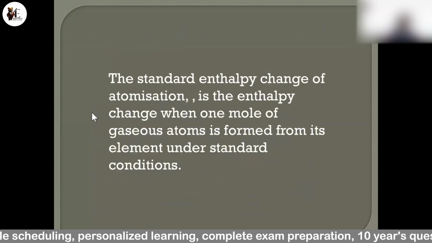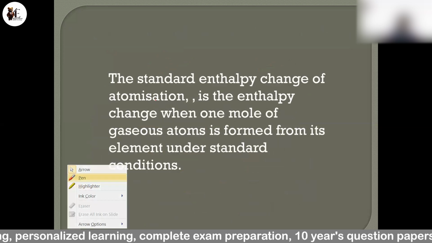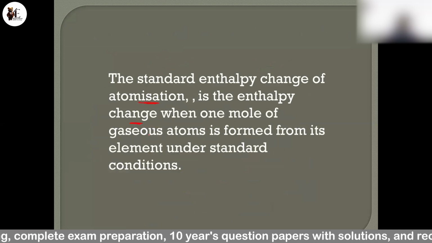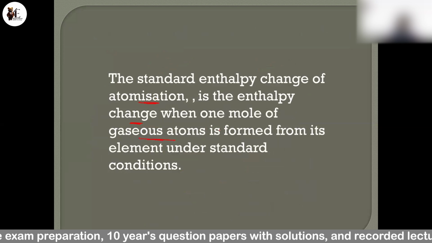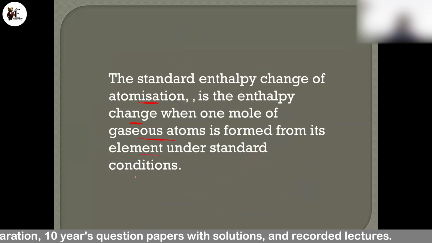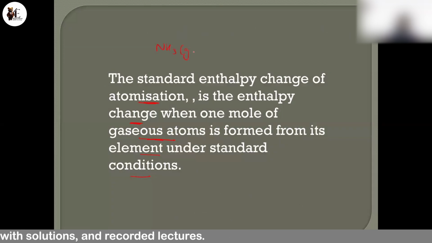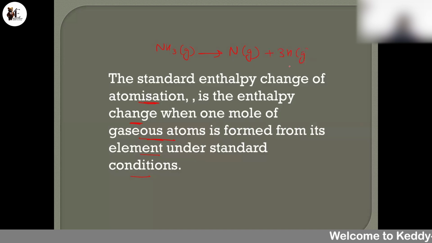Now next is standard enthalpy of atomization. Standard enthalpy of atomization is the enthalpy change when 1 mole of gaseous atoms is formed from its element under standard conditions. For example, NH3 is taken in the gaseous state, and 1 mole of gaseous atoms is formed: nitrogen atoms in the gaseous state and hydrogen atoms in the gaseous state.